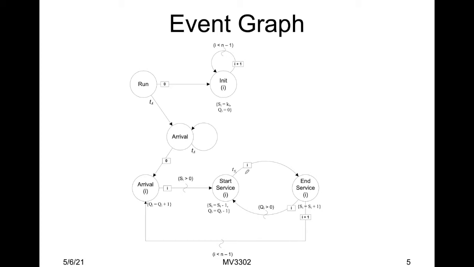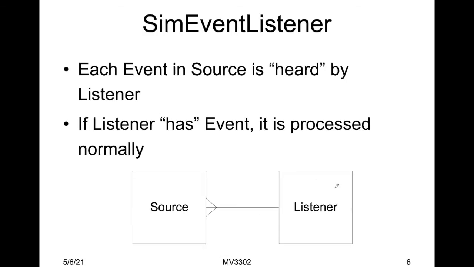So the idea now is to take the concept of an event graph and break it up into components. The motivation is noticing that certain recurring patterns lend themselves to isolating. And that's what this sim event listener is about.